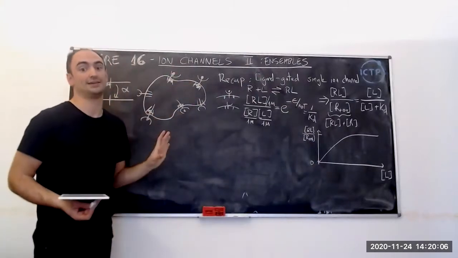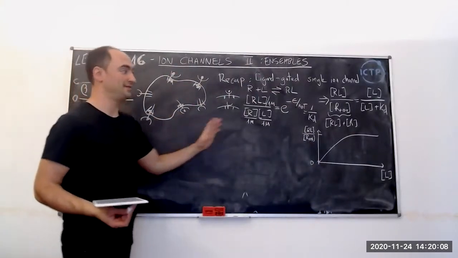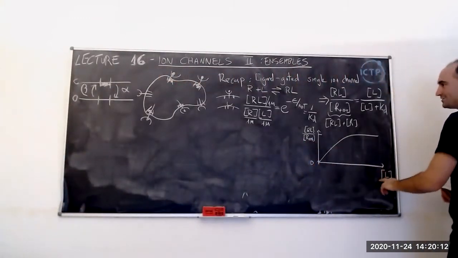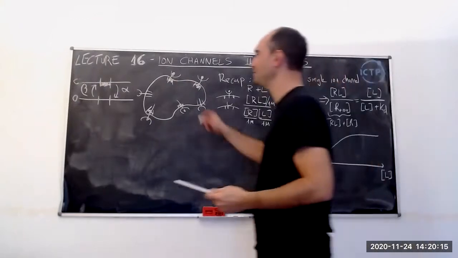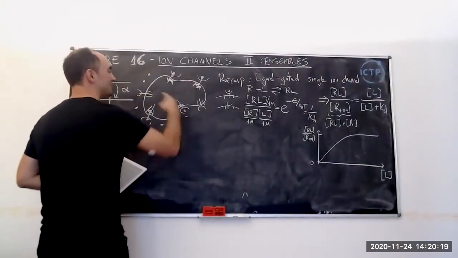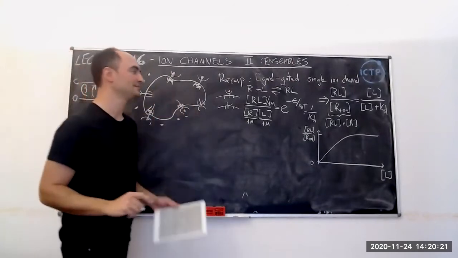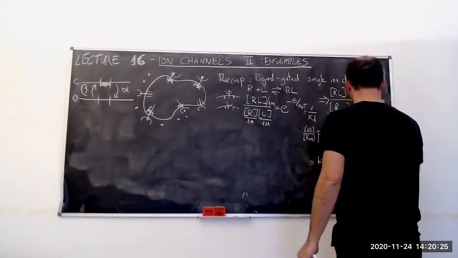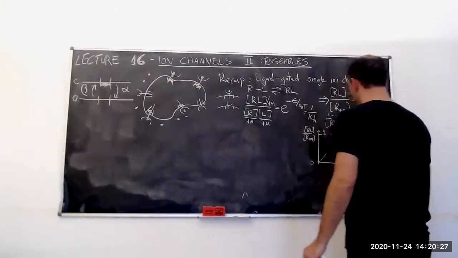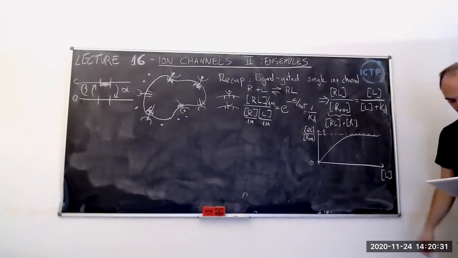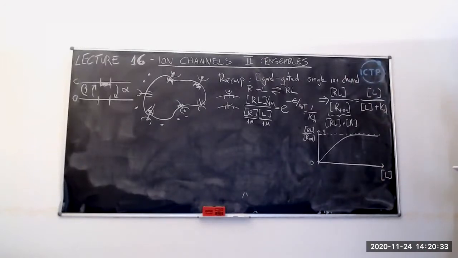They are all free. The fraction of occupied is 0. When the ligand concentration is infinity, there are so many of these molecules that all of them get occupied. So this goes to 1 here, asymptotically. And whatever happens in the middle is nonlinear with the concentration. This is what I was telling you before.